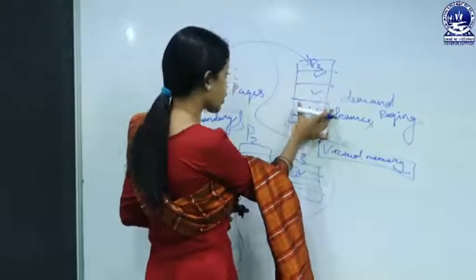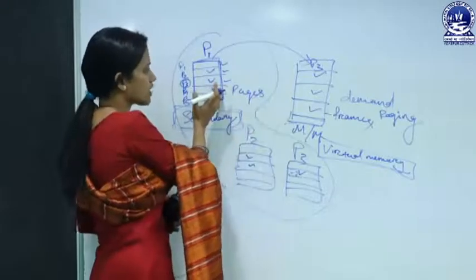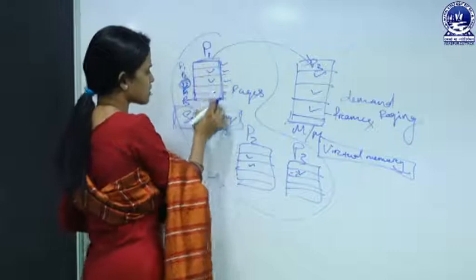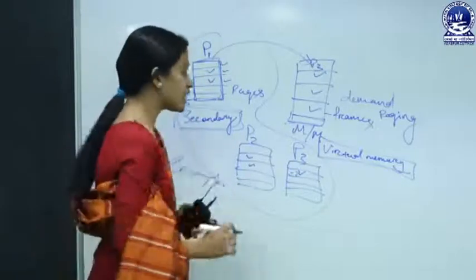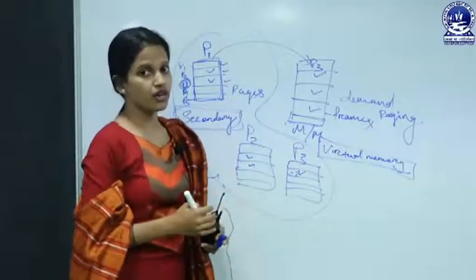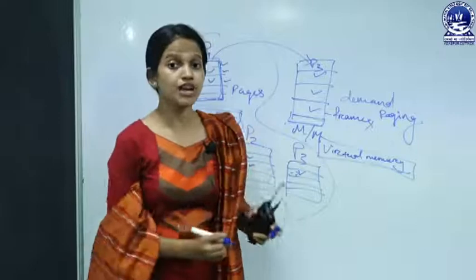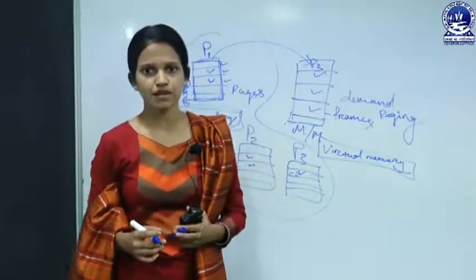Okay, it requests the secondary memory, the hard disk, that these pages of this process, or any pages of the process, have to be run. If those pages are present in secondary memory, the normal execution will happen. And if those pages do not reside in secondary memory, then what will happen?